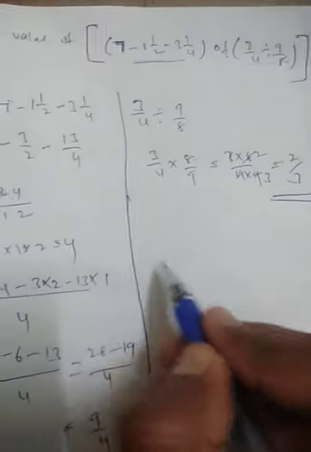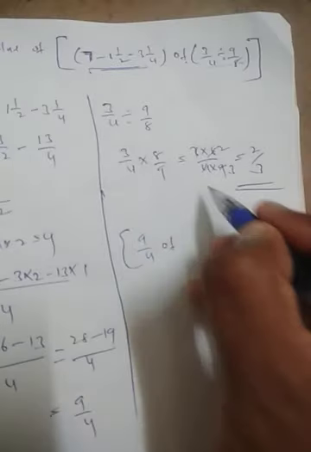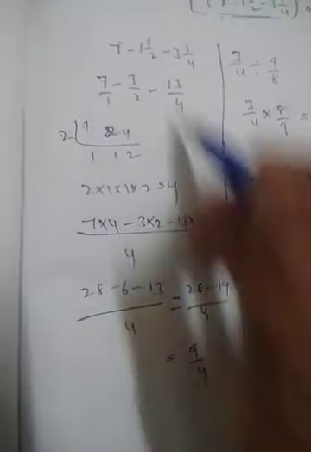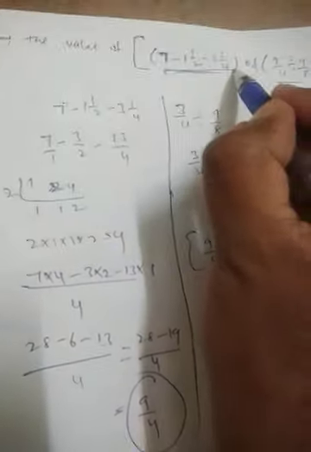Now look at here carefully. So here this value we got. What is this value here? 9 by 4 of, and what is this value? 2 by 3. I will come again. So what is the value of this one? This total value is going to be 9 by 4. That means this value is 9 by 4.